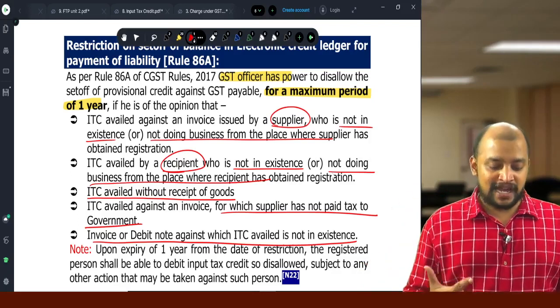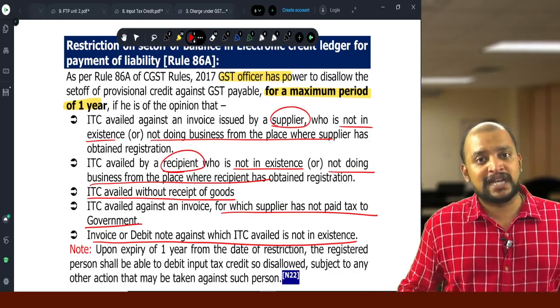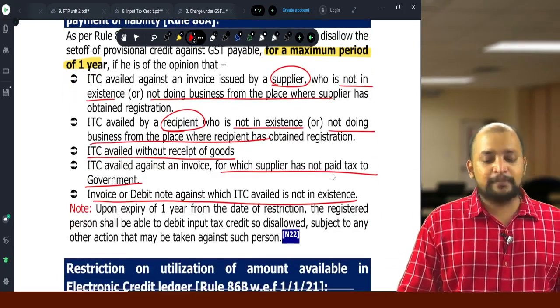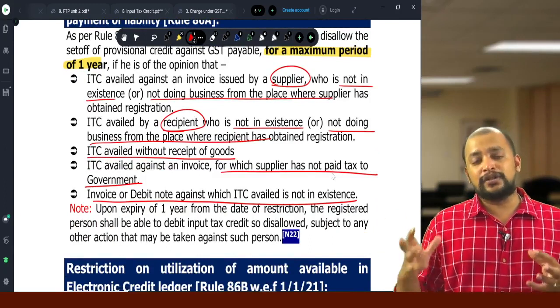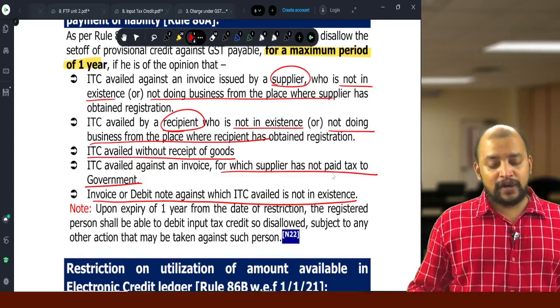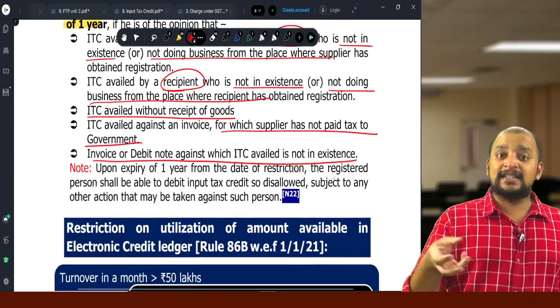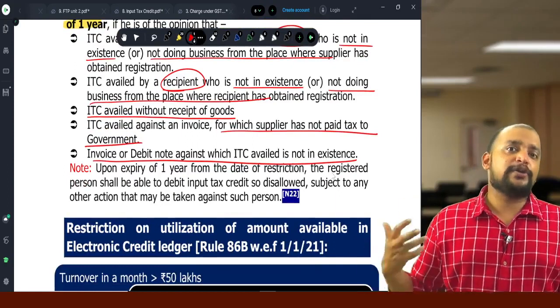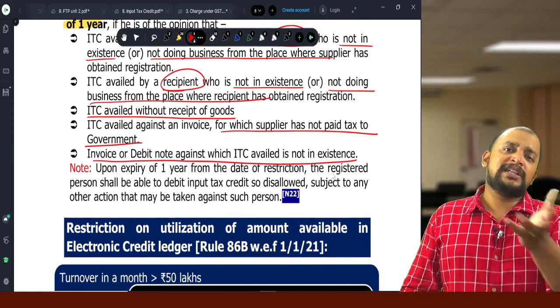Any of these 5 cases, these are all actually separated by 'or'. So, in any of these 5 cases, the proper officer has power to disallow the set off of credit for a maximum period of 1 year. So, it is like temporarily suspending the credit. But after 1 year, what will happen? Suppose the ITC is genuine and it is not on account of a mistake of the recipient, so he can enjoy the credit thereafter.